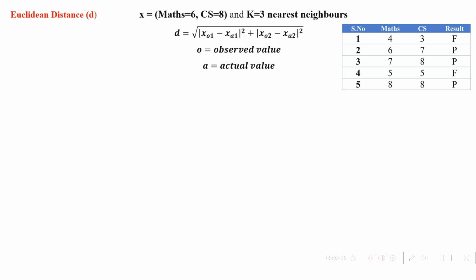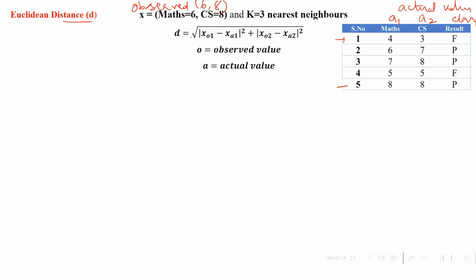Now, the similarity measure is the Euclidean distance. The observed value is 6, 8, and these are the actual values. The actual values contain two features, A1 and A2, and the corresponding class label. There are 5 instances.